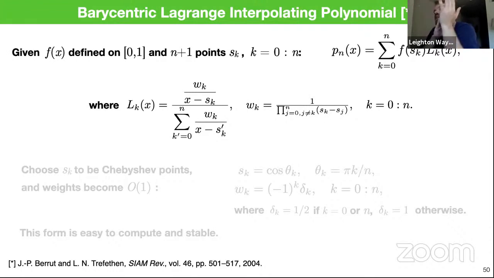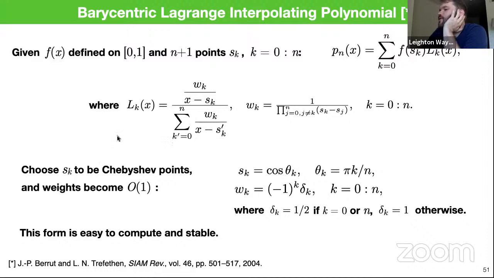If you have some function f of x that's defined on an interval, and you have some interpolation points, sk, then you get the following for your interpolating polynomial of f, and the following are your Lagrange polynomials. Importantly, if you choose these interpolation points to be Chebyshev points, then these weights right here become distributed along O of 1, right?